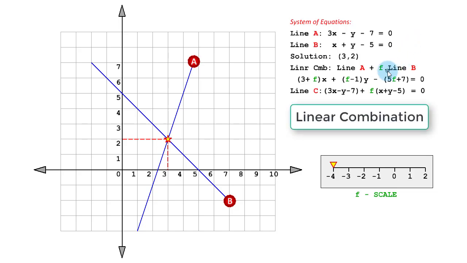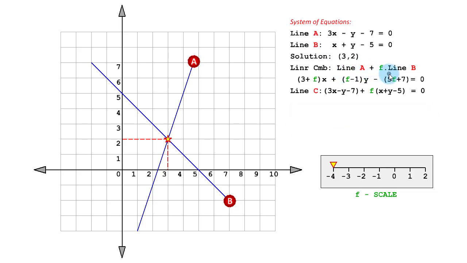So we took the equation of the second line, multiplied it by some constant, say f here, and simply added it to the first one. When we do this, we again get a linear equation, and therefore it can be plotted as a straight line, a line C, let's call it. And this line C also passes through the point of intersection.